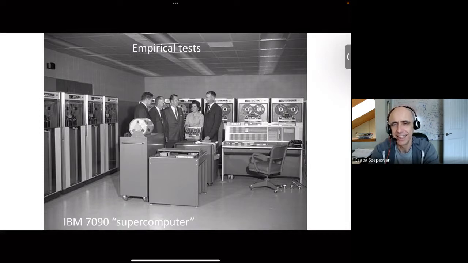And today's computers are like a billion or 100 billion times more powerful than this was, which is wow, big numbers. Anyways, they ran experiments, believe it or not, and they were really optimistic about the results.